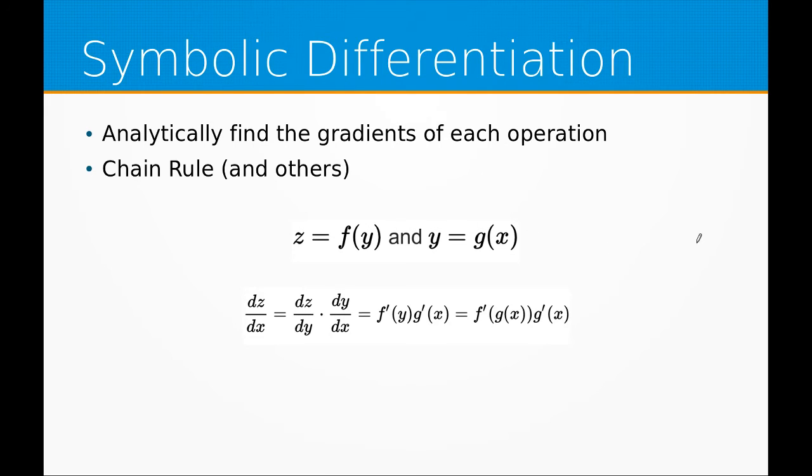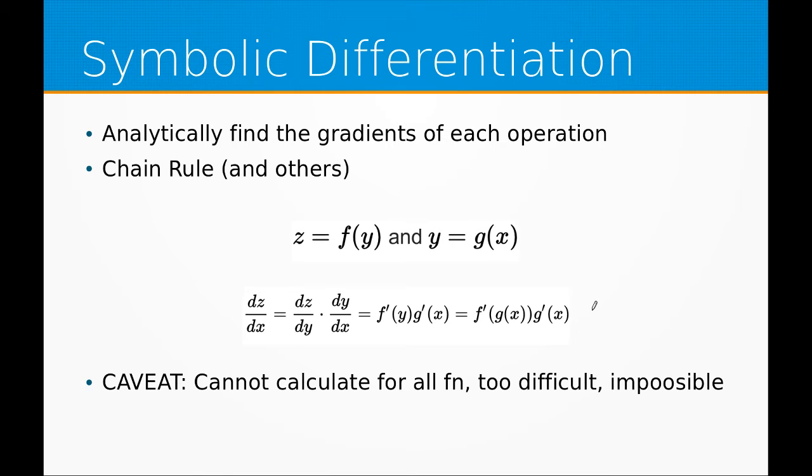To find the gradient, the derivative of z with respect to x is the derivative of z with respect to y, because the input of z is y, times the derivative of y with respect to x, because y depends on x. So this is how you do it.